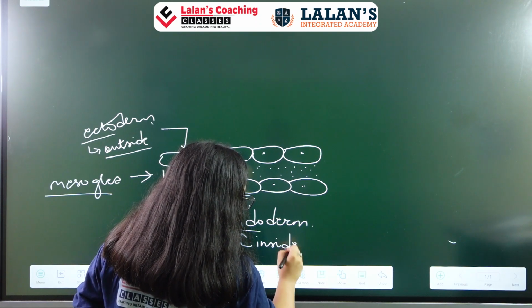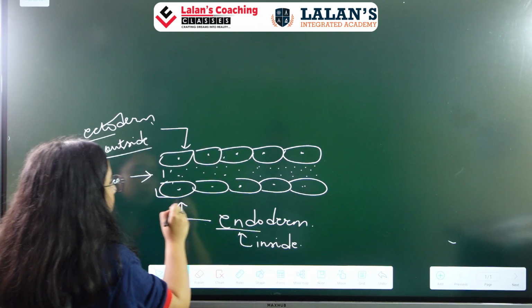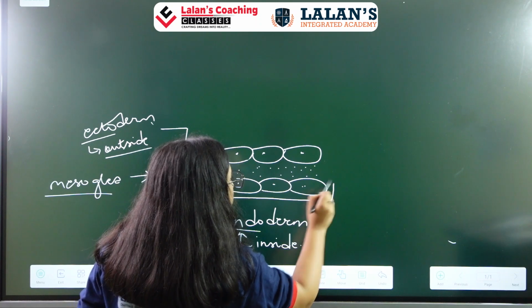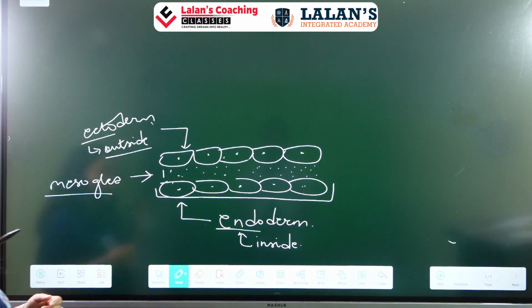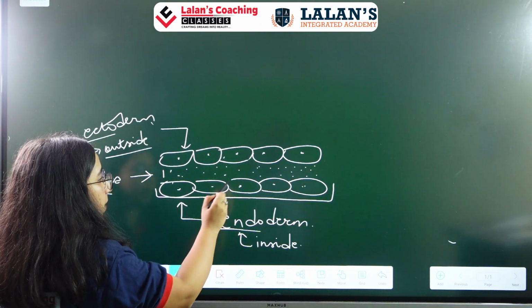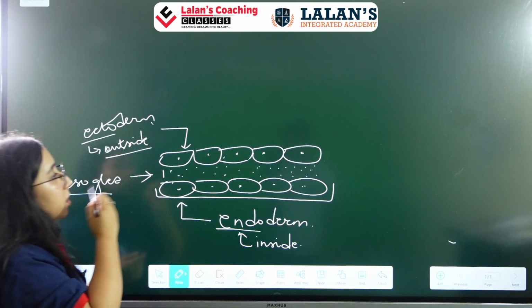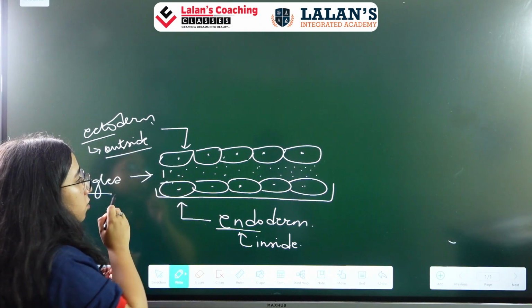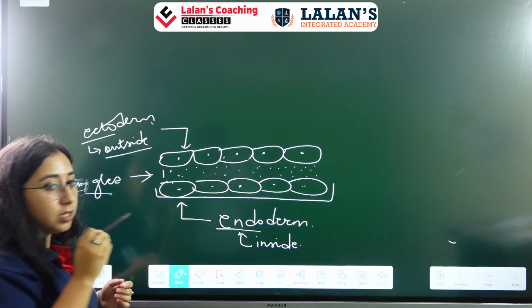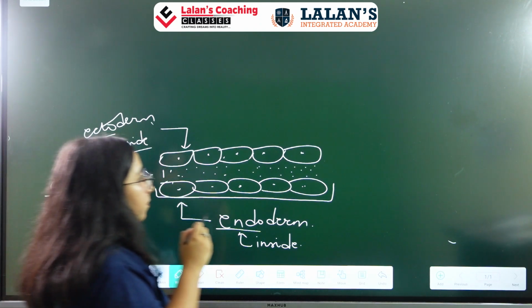So obviously the endoderm is responsible for making all the body parts that are within the body, for example, the gut or the food pipe. And the ectoderm is responsible for making those organs or parts of the body that are within the outer periphery, like the skin.